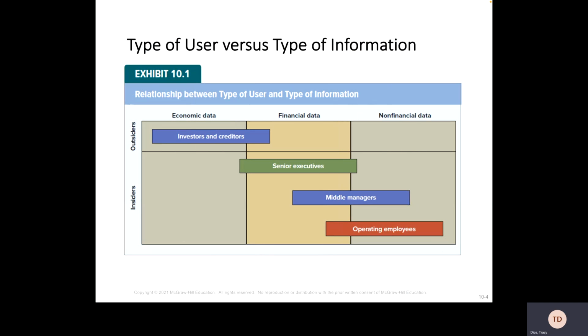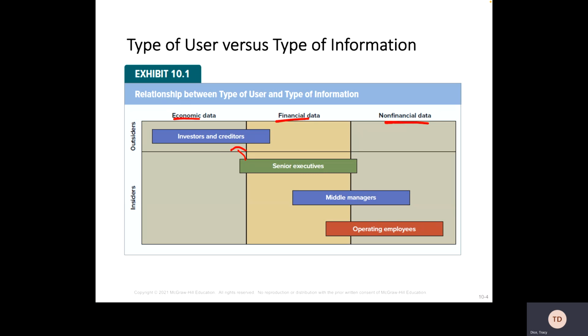Here's kind of a visual of the type of user versus the information that you need. Again, you can see that we've got this non-financial data, we get to financial data, and then that economic data. And as you get higher in the company, you move towards that financial data and that financial accounting, which is then all up here.